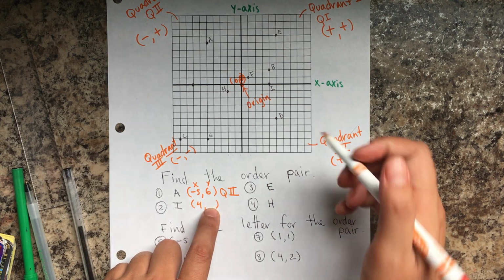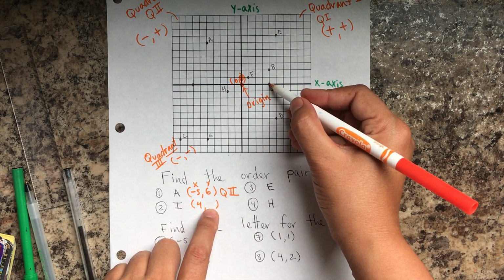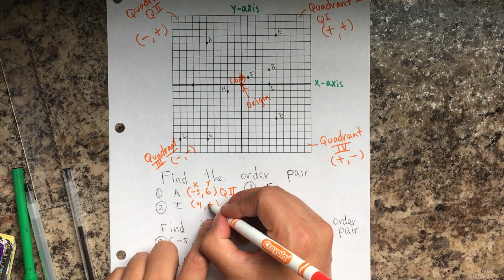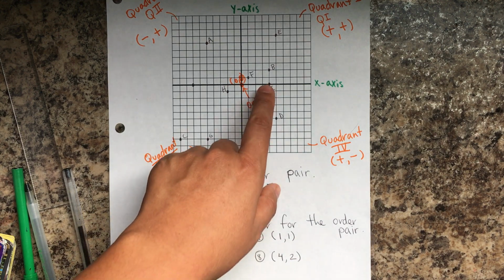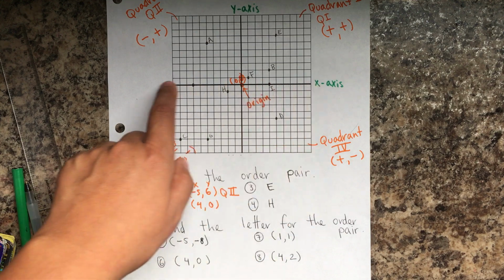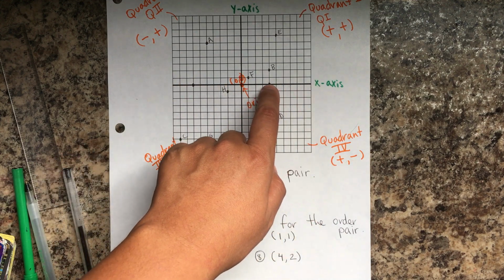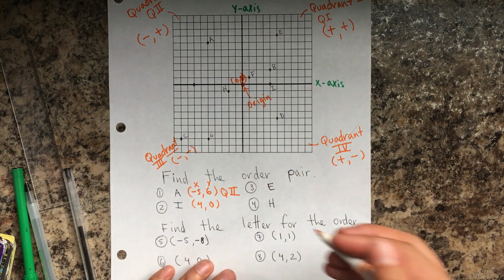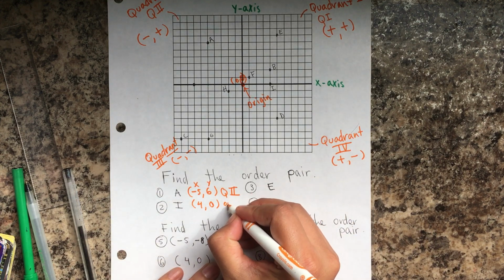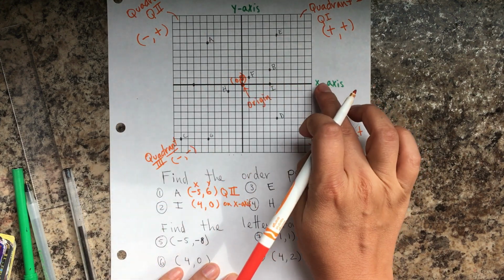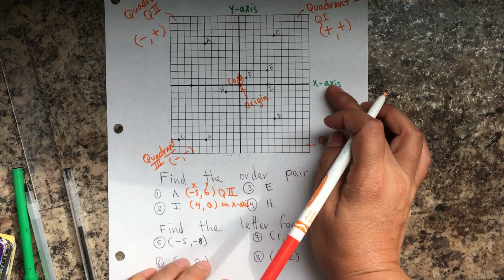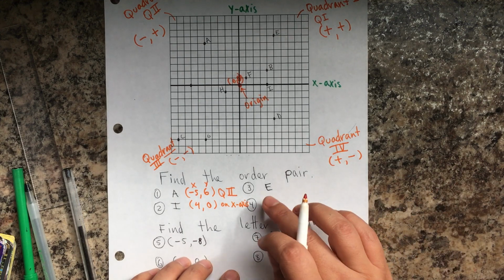And to get to I, I don't go up or down. It just stays there, so I go 0 spaces up or down. So x is 4, y is 0. We say that this is not in a quadrant. When it's on the line, it's not in a quadrant. We just say on x-axis. It's not in any of the 4 quadrants.